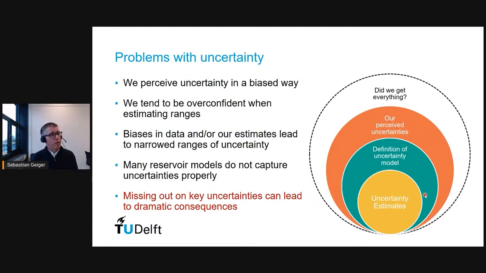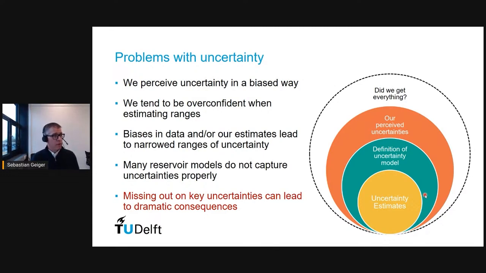So not only are we overconfident in how narrow a range of properties could be, we also often forget that there is bias in the data itself. A well that you may have drilled into your reservoir may preferentially sample the more permeable rocks or the less permeable rocks. So our data is biased towards something that's perhaps more permeable than in nature or less permeable in nature.